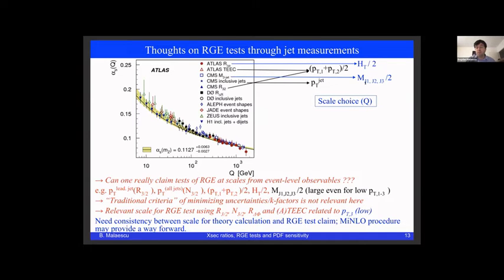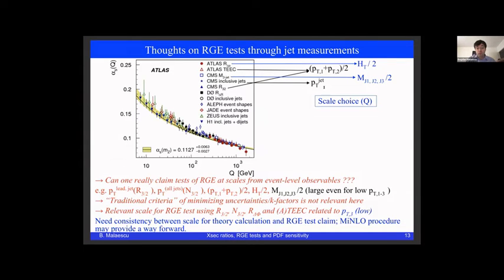And now the question that I have here with many question marks is, can one really claim the test of the renormalization equation at scales that are derived from event level observables, like you have seen in all the examples before, either the PT of the leading jet, or the PT of all the jets, or the HT2 or HT2/2.